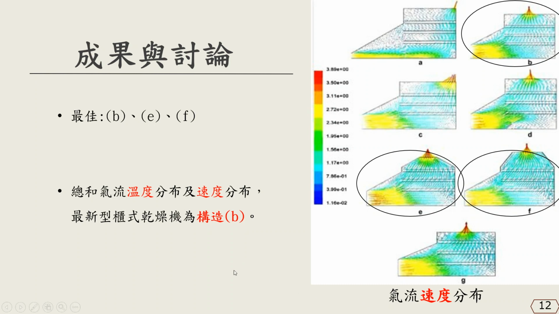The 3 designs B, E, and F all perform well in terms of velocity distribution. Therefore, B seems to be the best, taking into account all considerations such as simplicity in structure.